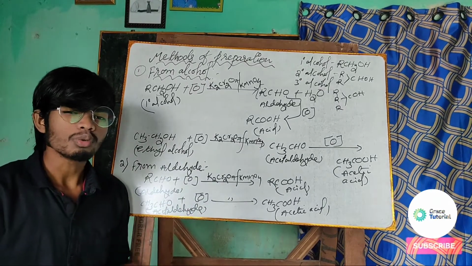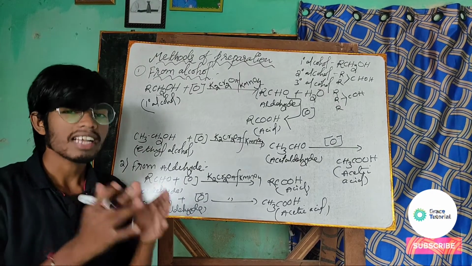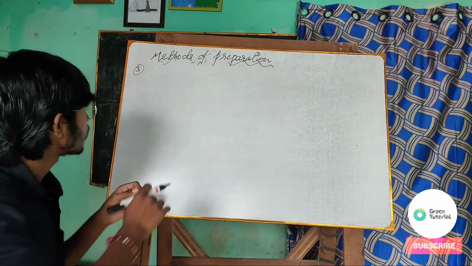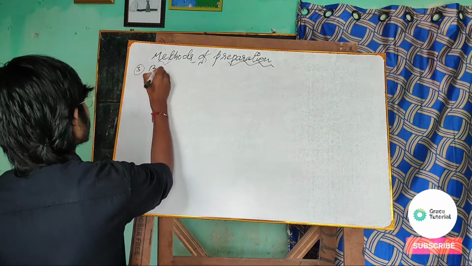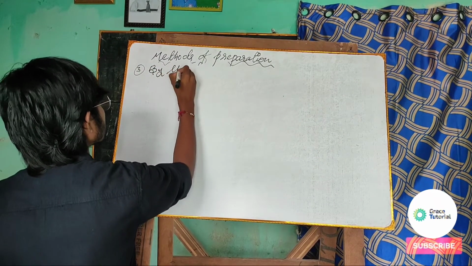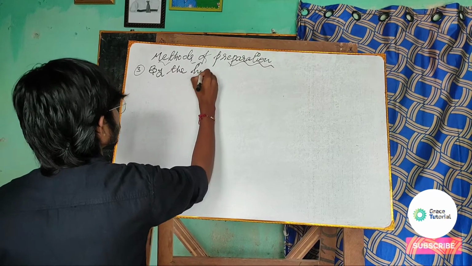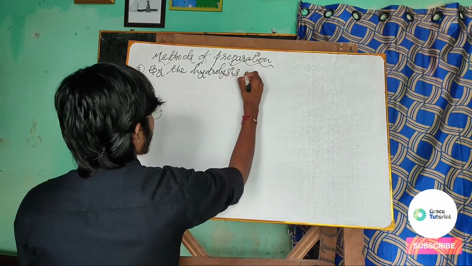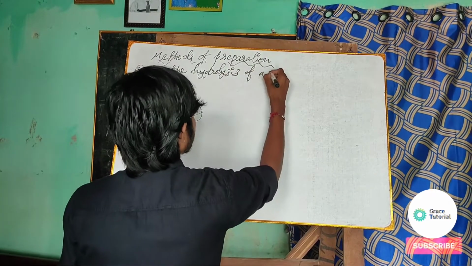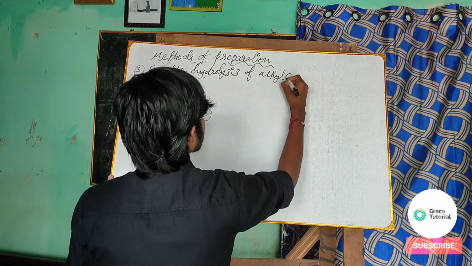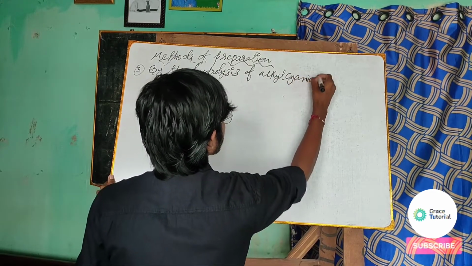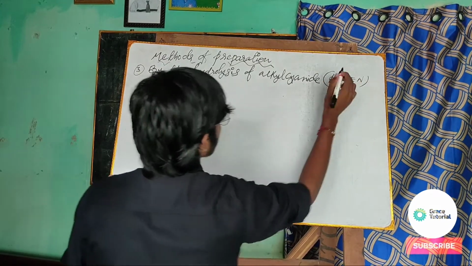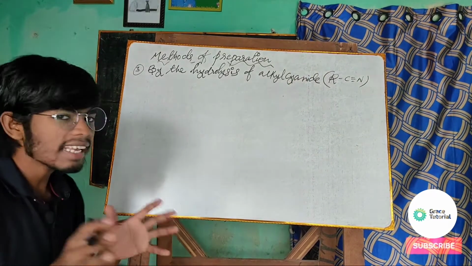Now we will move on to the third method of the preparation of carboxylic acid. If we look at the third method, that is by the hydrolysis of alkyl cyanide, that is RCN. So suppose I have alkyl cyanide.